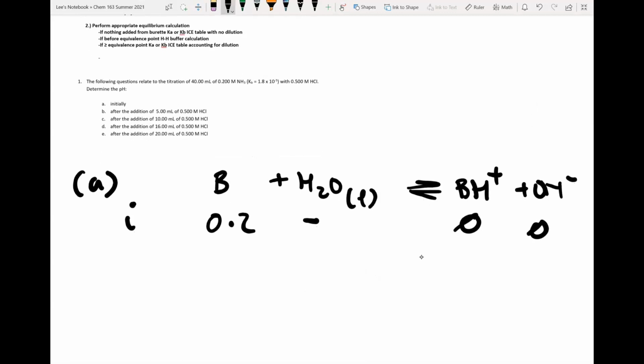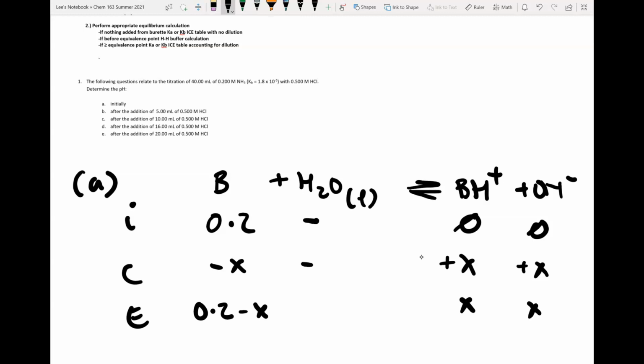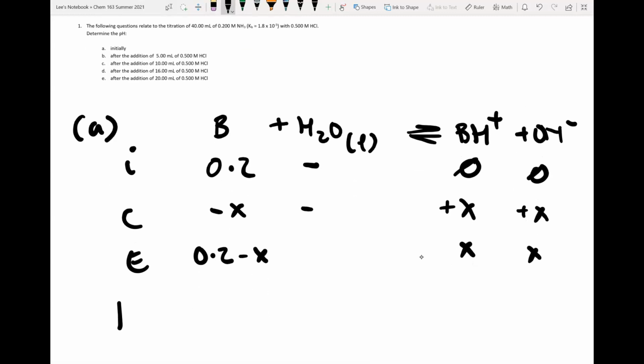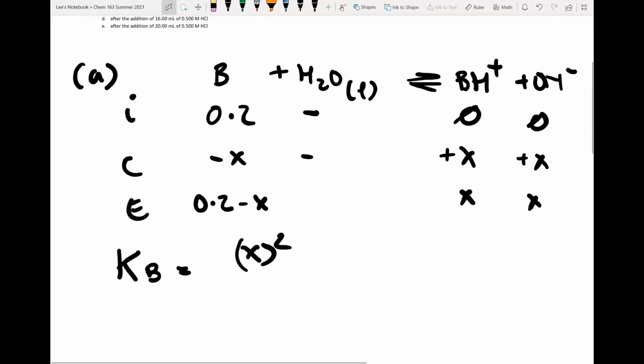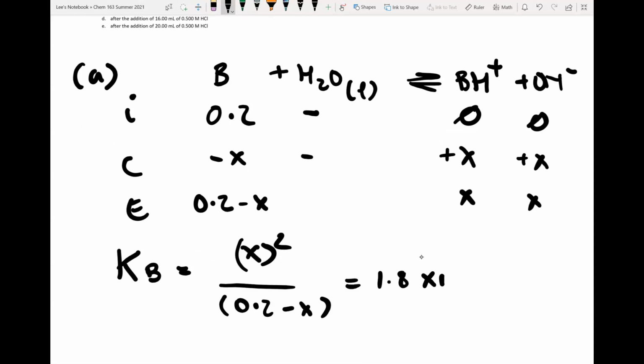We all kind of know how this is going to go, right? That's going to go down by x, that is irrelevant, that will go up by x, that will go up by x, and then when we get to equilibrium this will be 0.2 minus x, and that will be x and x. So my Kb is going to be equal to x squared over 0.2 minus x, which is equal to 1.8 by 10 to the minus 5.